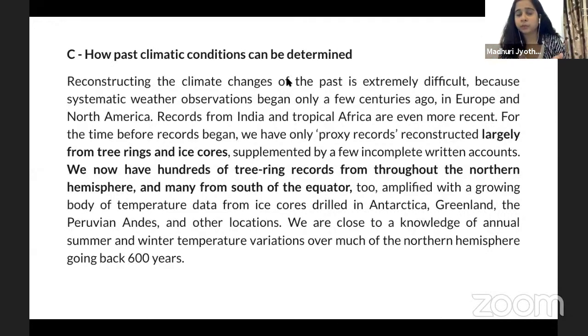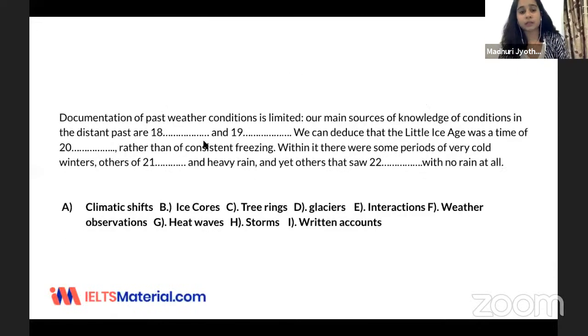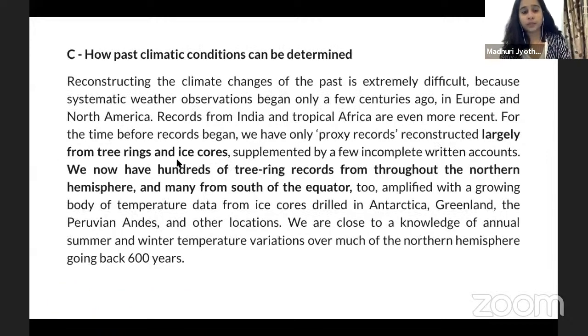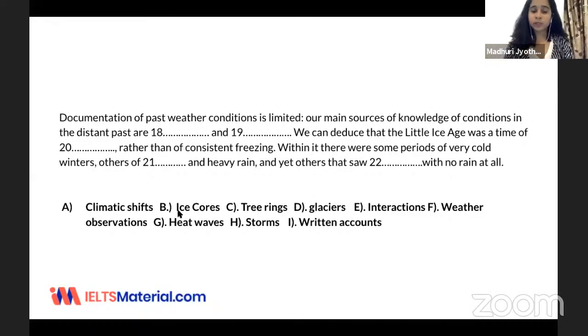So you've already been able to locate the paragraph, and then you have to find the exact word. So when you read through it, scan for the keywords, you will be able to identify, and your answer for this would be tree rings, and something else. So that again would be given somewhere here, right? So tree rings and ice cores. So both options are given in your prompted answers. Sometimes they won't give you the exact words from the passage as the prompted answers, but they might give you a synonym or an adjective or something that is connected to it.